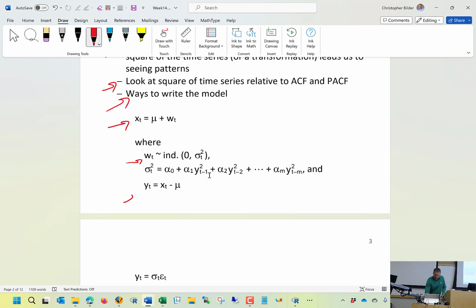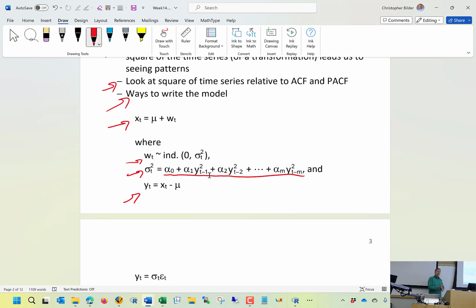Also, if we define y sub t as equal to x t minus mu, simply so that we have a mean of 0, we can write this sigma squared t as a function, a linear combination of parameters denoted by the alphas and these y's squared.